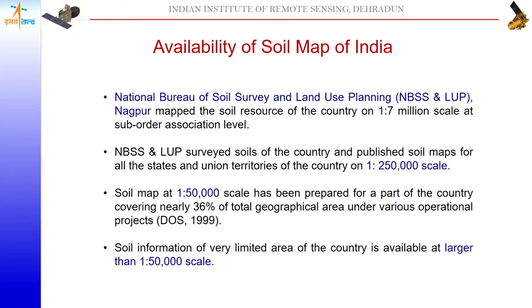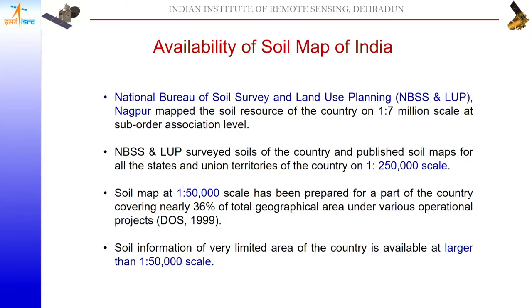As you know, the National Bureau of Soil Survey and Land Use Planning, headquartered in Nagpur, is the prime center of ICAR responsible for preparing soil maps, and they prepared the soil map at 1:7 million scale. For the entire country they also prepared the map at 1:250,000 scale, or you can say reconnaissance scale, which is available. You can procure the data from there.